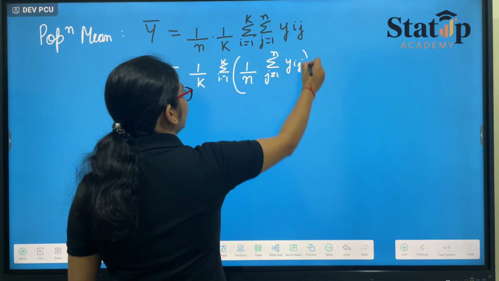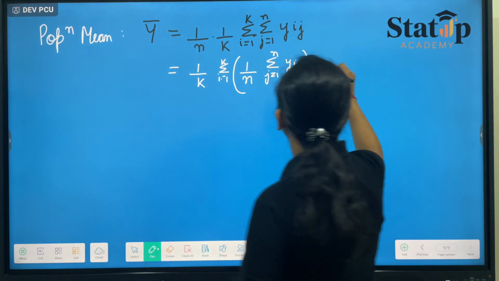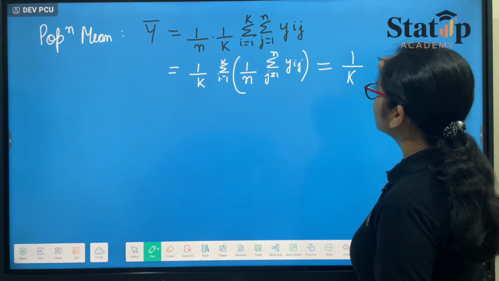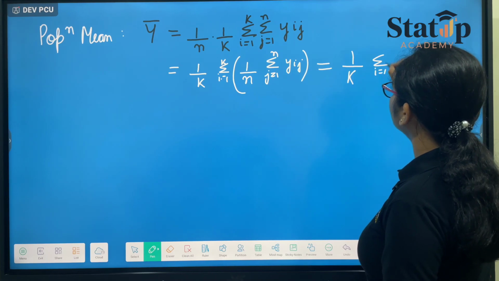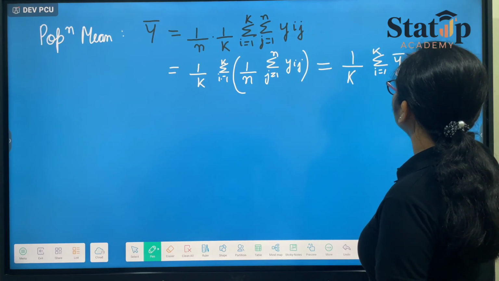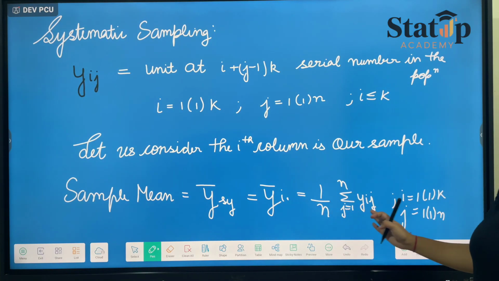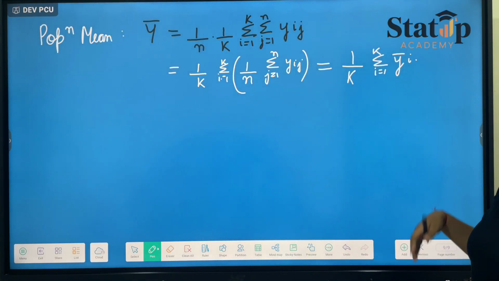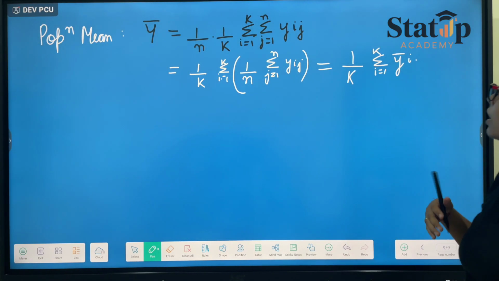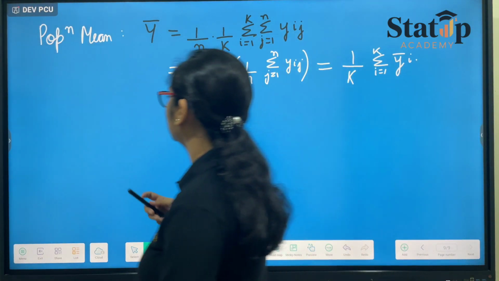If we consider this, then we are left with 1 upon k summation i goes from 1 to k y bar i dot. This is nothing but the sample mean as we did in the formula here. So we have just replaced it.